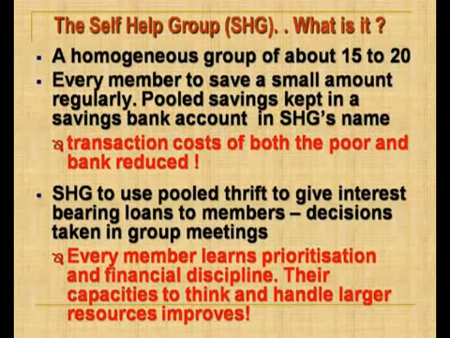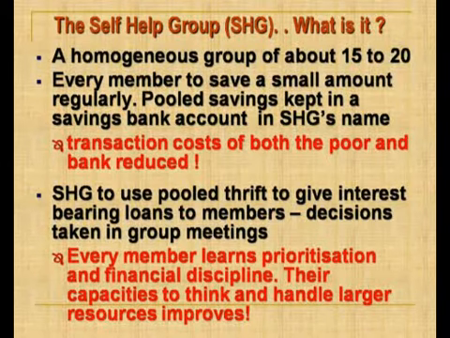Now what does it do? This homogeneous group is able to develop a bonding and relationship among the members, and this small saving which is kept in the SHG's name, from 10 to 20 members at least, if their bank account is opened in the SHG's name in the bank, it does wonders in one way: the transaction cost is reduced for the bankers as well as for the poor.